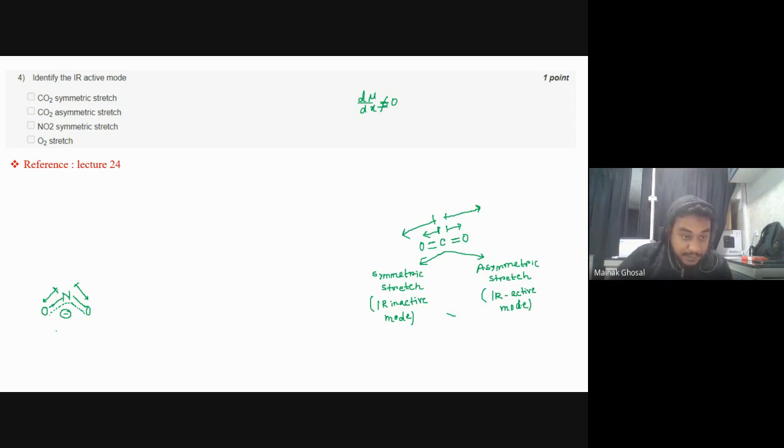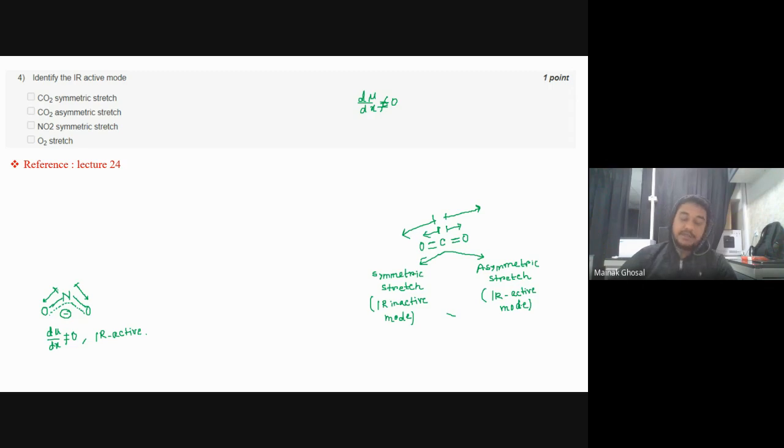So in case of the NO2 molecule, suppose I am doing symmetric stretching, then upon symmetric stretching its d mu by dx will not equal zero. So it is also an IR active mode.